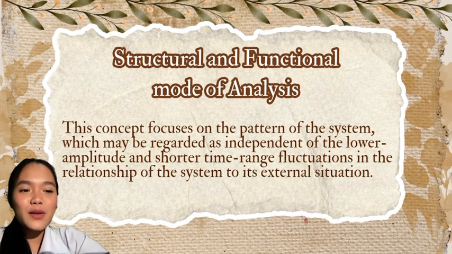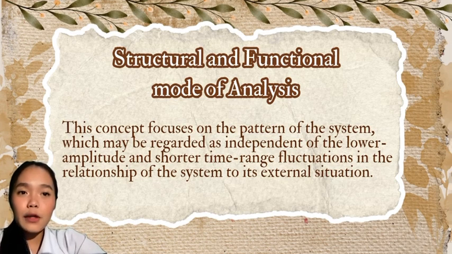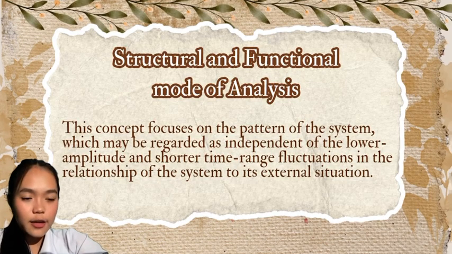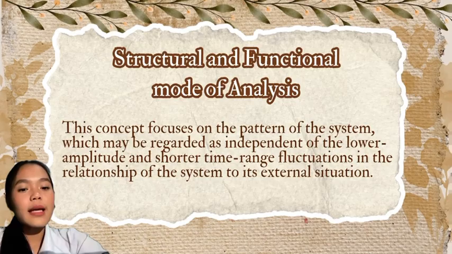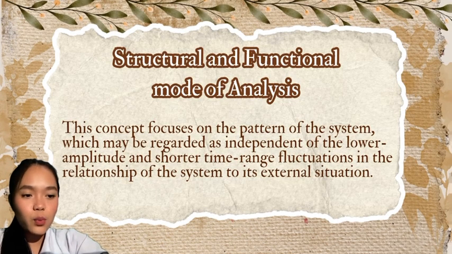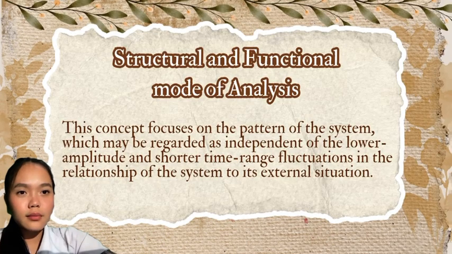The structural mode focuses on the stable parts of the society, like the government, laws, and institutions that serve as its foundation, while the functional mode explains how these parts work together to keep the society organized and balanced.